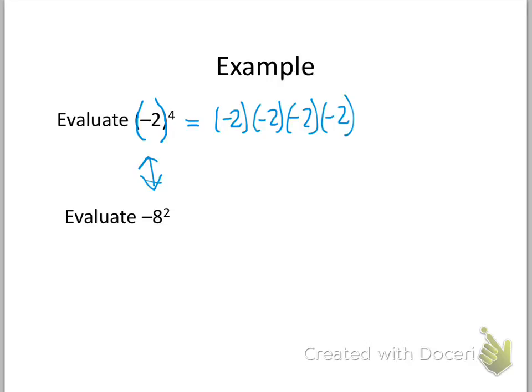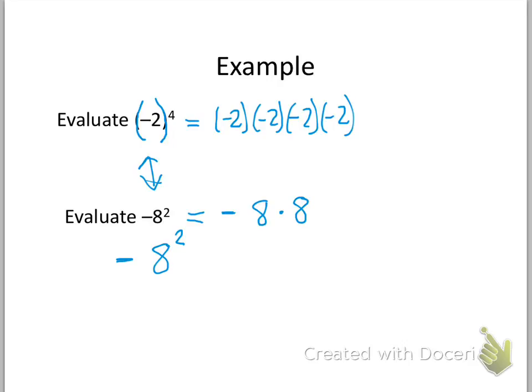Okay? On the bottom, there's no parentheses. So that negative is all by itself, and the 8 is being raised to the 2nd power. So I've got a negative all by itself. I've got the 8 being written 2 times. Do you see the difference?